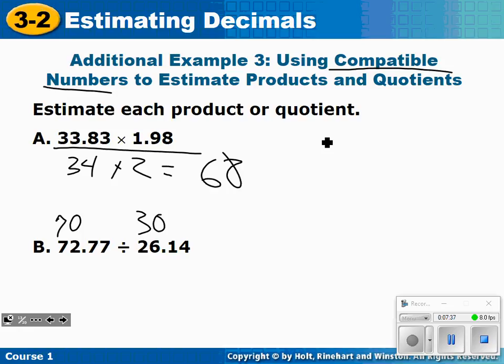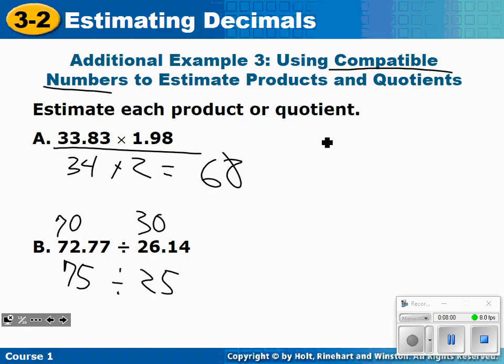Give me some numbers that are close that are going to work out right. 75 and 25, very good. I will go 75 here divided by 25 here. It goes totally against the rounding rules, doesn't it?